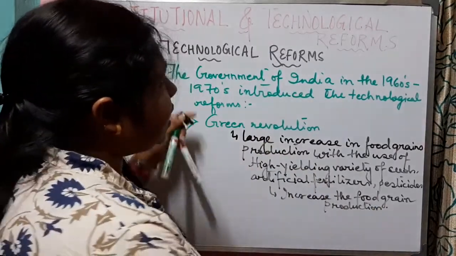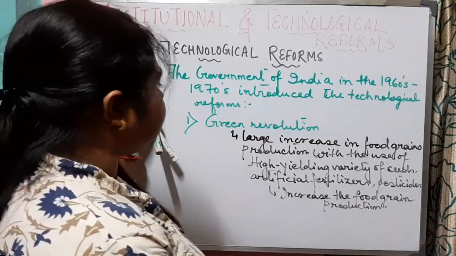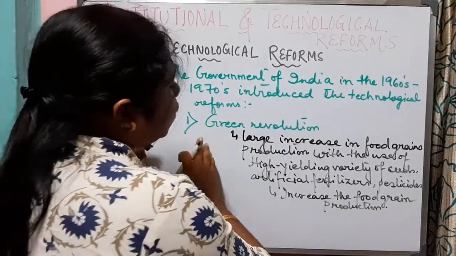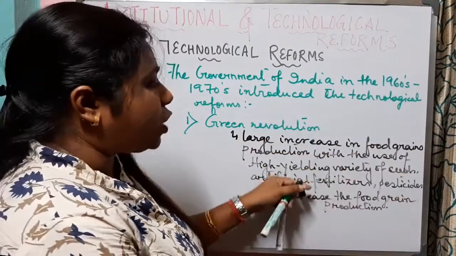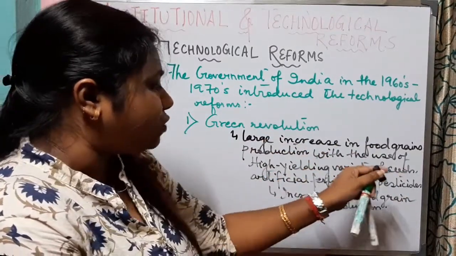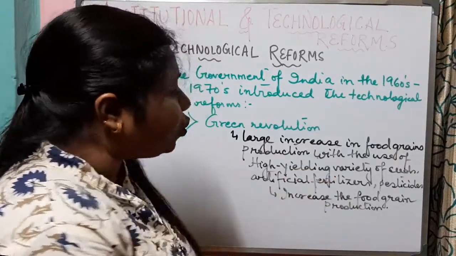So the Government of India introduced several technological reforms in the 1960s to 70s, and the most important is the Green Revolution, which referred as a large increase in food grains production with the use of high-yielding variety of seeds, artificial fertilizers, pesticides, which helped to increase the food grain production.